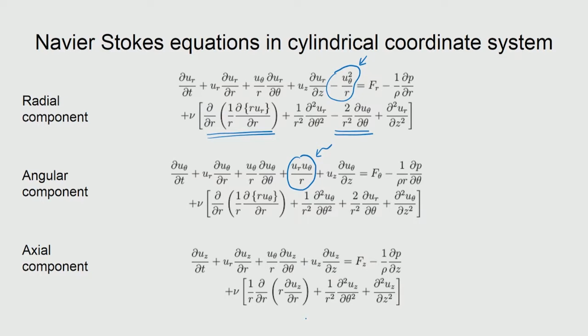So, it is not directly substituting x y z with r theta z, but we need to watch out how the coordinate system transformations are being used. So, pay attention to these terms that are being highlighted, so that we can notice that the terms look a little different in the cylindrical coordinate system. We will take problems that will use these equations one at a time.